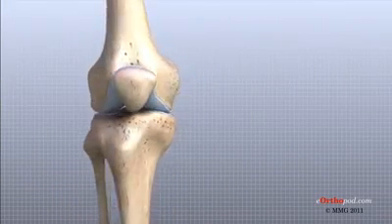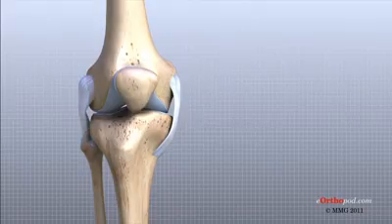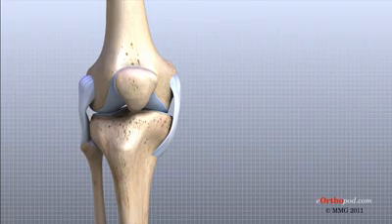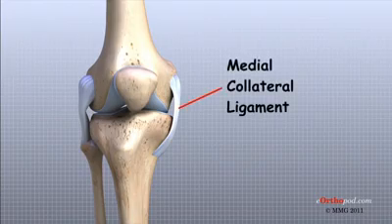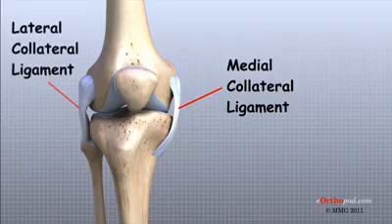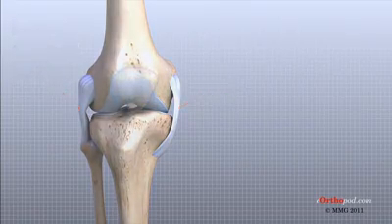Ligaments are tough bands of tissue that connect the ends of bones together. Two important ligaments are found on either side of the knee joint. They are the medial collateral ligament, or MCL, and the lateral collateral ligament, or LCL.